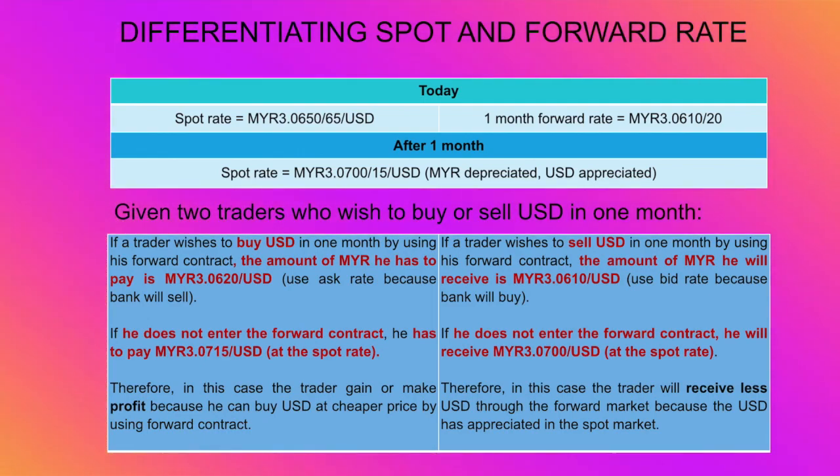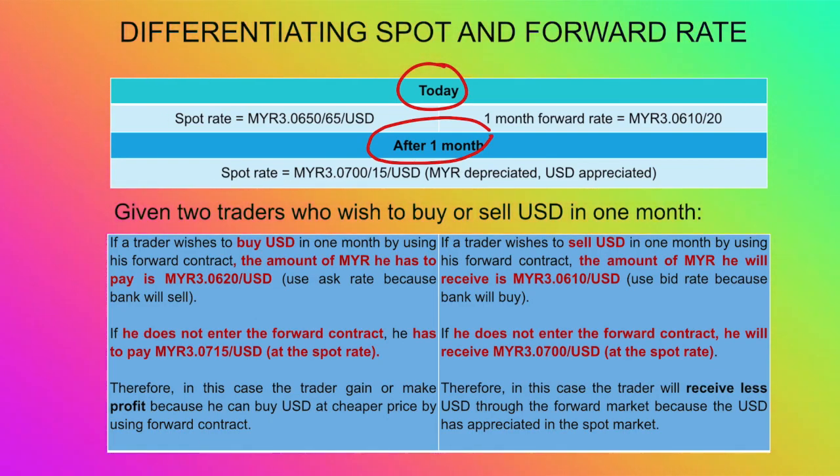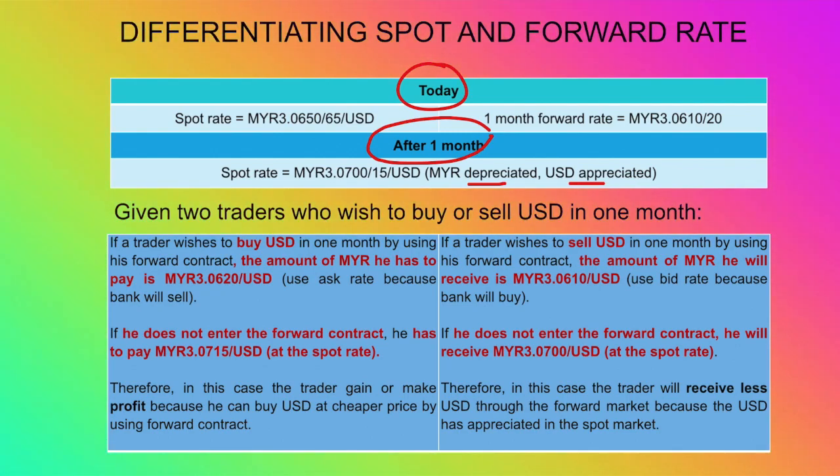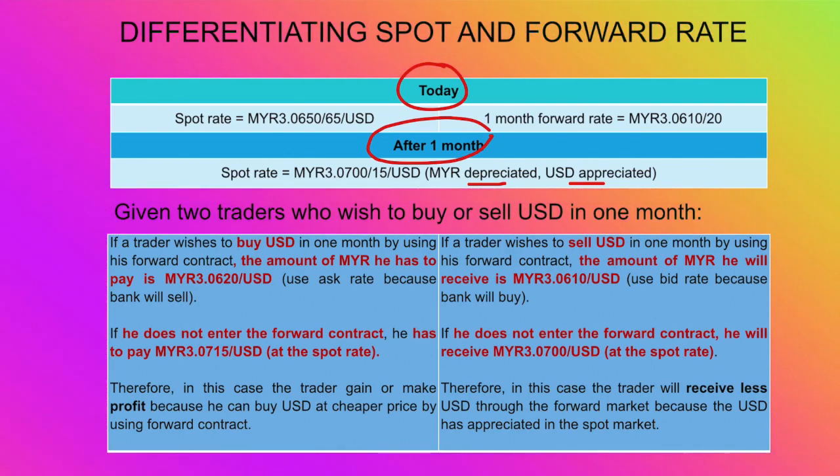That is the rate for today. After 1 month, the spot rate would be 3.0700, meaning the rate has fluctuated. Malaysia Ringgit depreciates and the US dollar appreciates. Given these, consider traders who wish to buy or sell US dollar in 1 month.